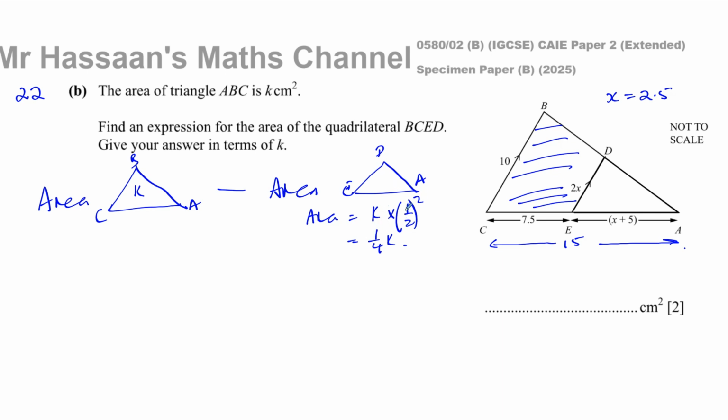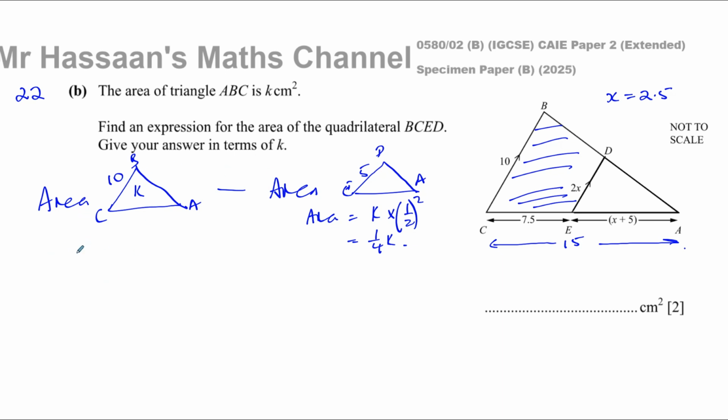Because it's smaller, so you put smaller over bigger, and then you square the factor because we're talking about area and not length. As we know, here we have a length of 5, and here we have a length of 10. So if you want to find the area of the smaller triangle, you have to do 5 divided by 10, which is 1/2 squared times the area of the big triangle.